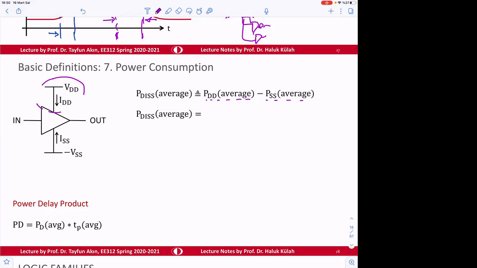For this one, PDD average is calculated from this VDD times IDD when output is high plus IDD when output is low, divided by 2.